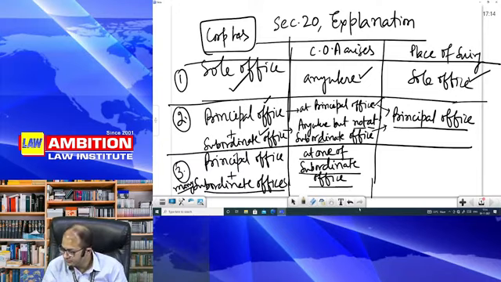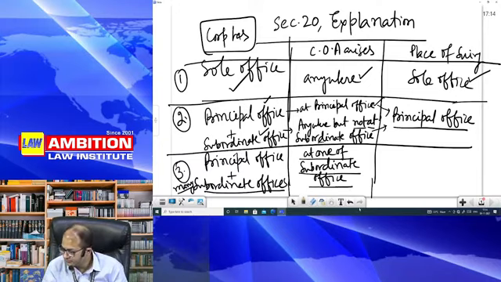Number one, objection was raised at the earliest possible opportunity, at or before settlement of issue.